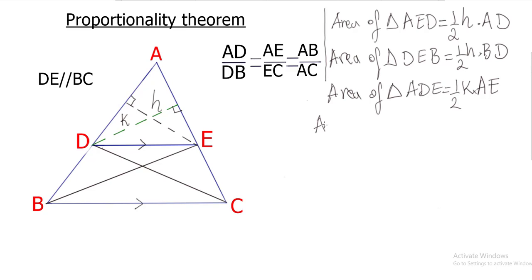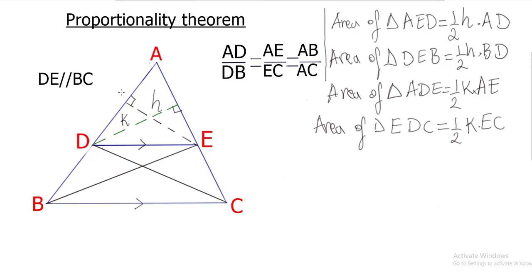Then we move to the area of a triangle, still the head is D, EDC. The height will be K. And then here we have EC.